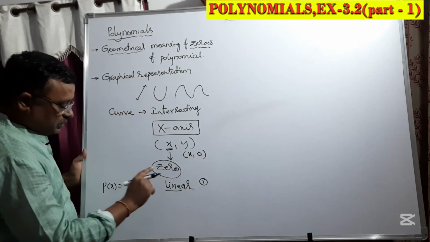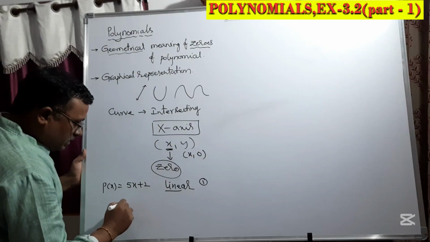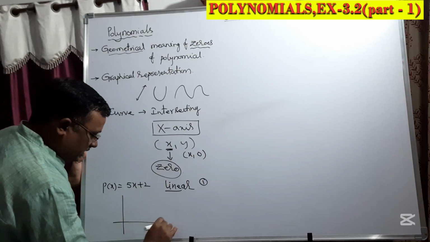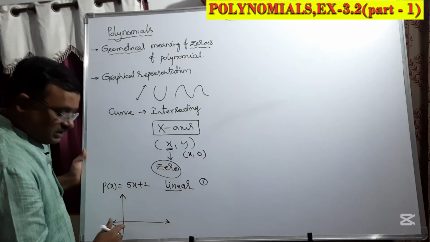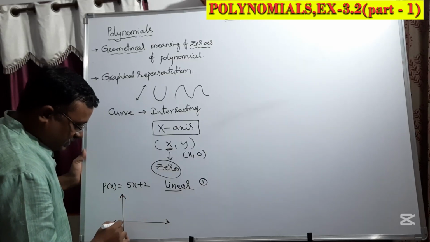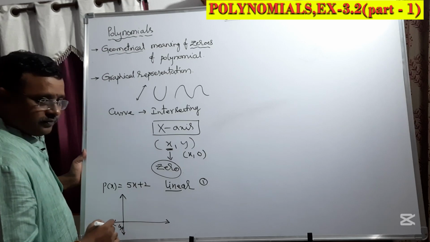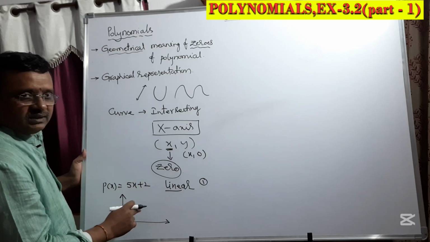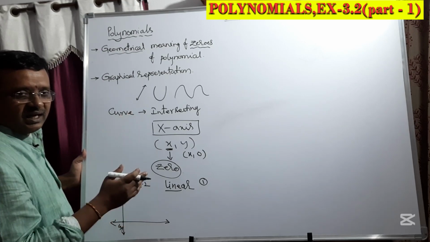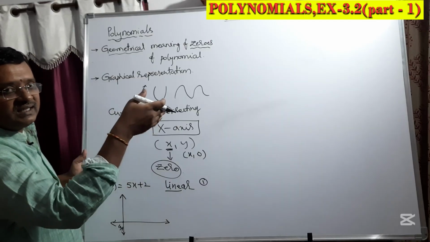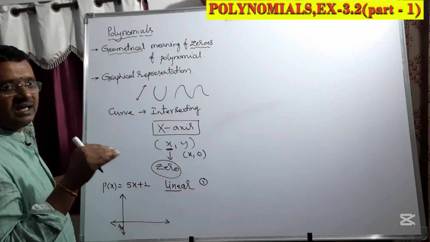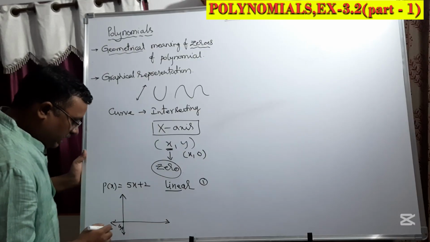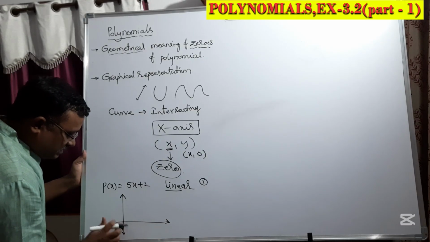Remember that. In the Cartesian system, when you have the x-axis and y-axis with origin, it will represent a straight line which is intersecting the x-axis.